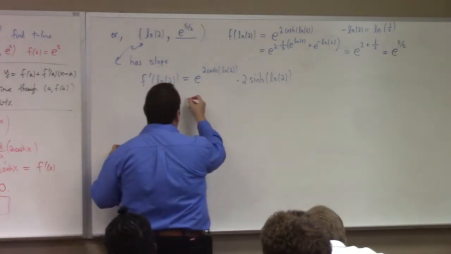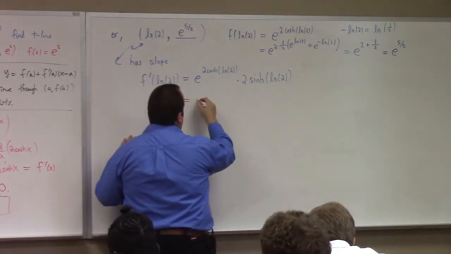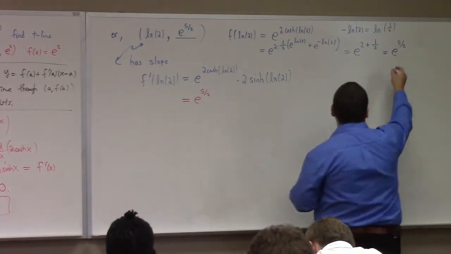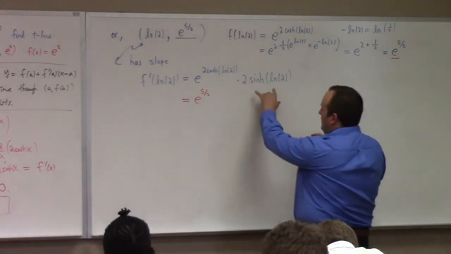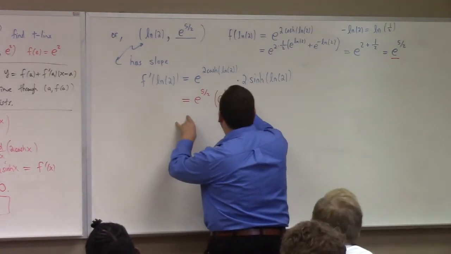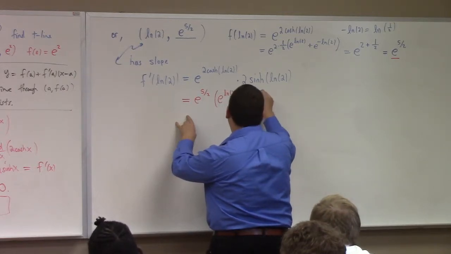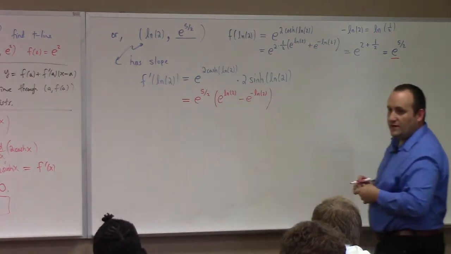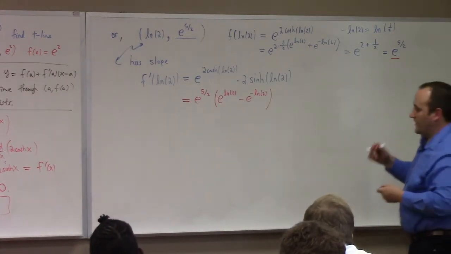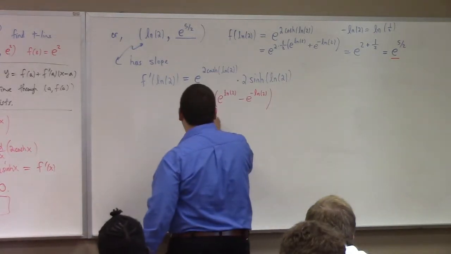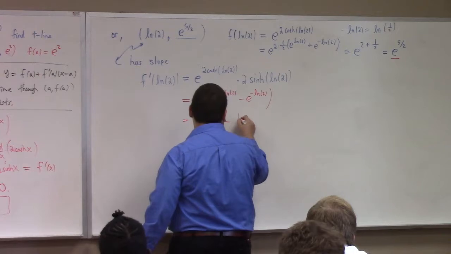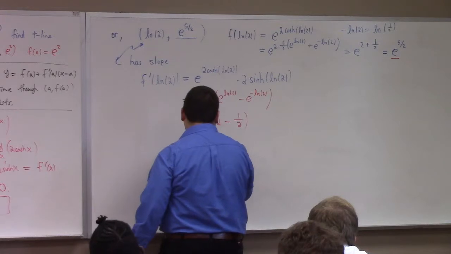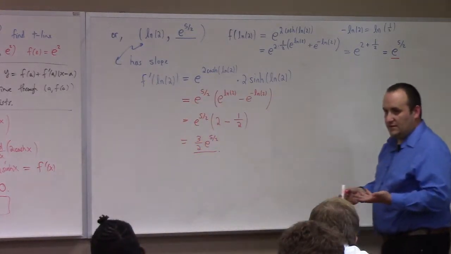So we just worked that out. That's e to the 5 halves. And then 2 times sinh is what? That's actually e to the log 2 minus e to the minus log 2. There's a half in sinh that cancels with the 2, and that's 3 halves. So we got 3 halves, e to the 5 halves. It's kind of cool. So that's the slope of the tangent line.